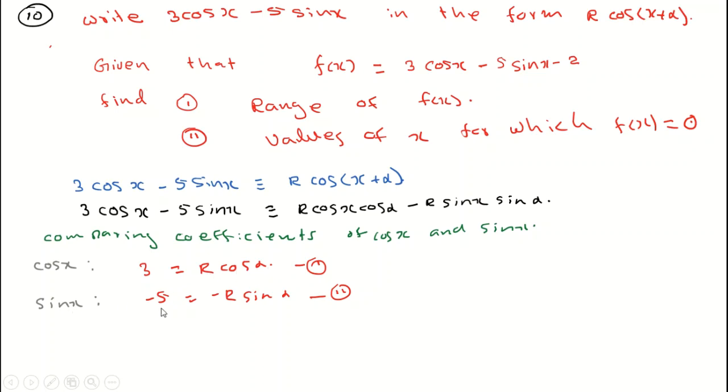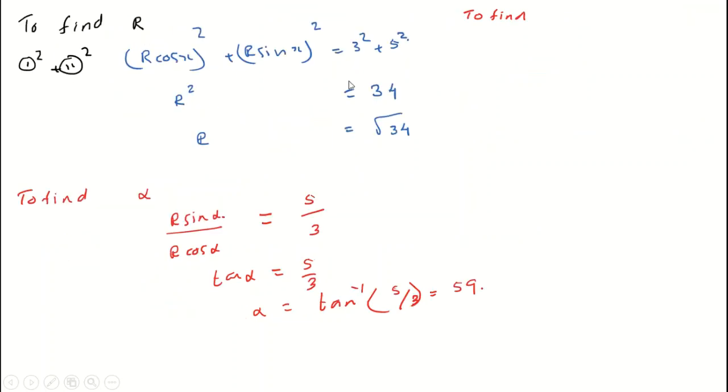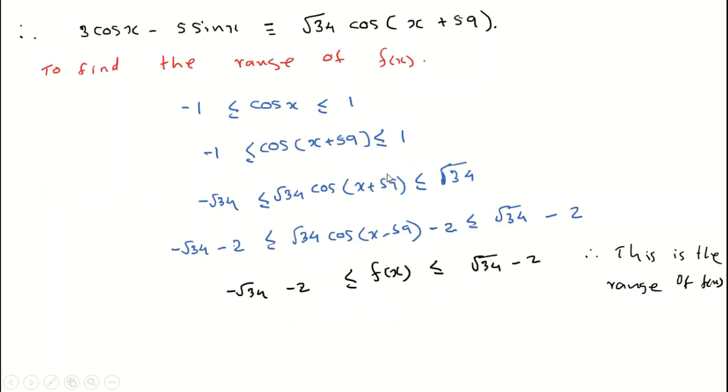When you compare sin x, minus 5 equals r sin alpha. Then r is equal to root 34, alpha is equal to 59. Then I can write 3 cos x minus 5 sin x as root 34 cos x plus 59.